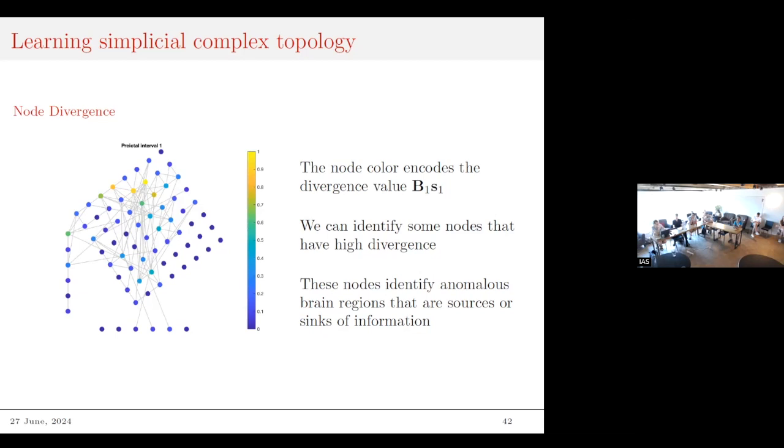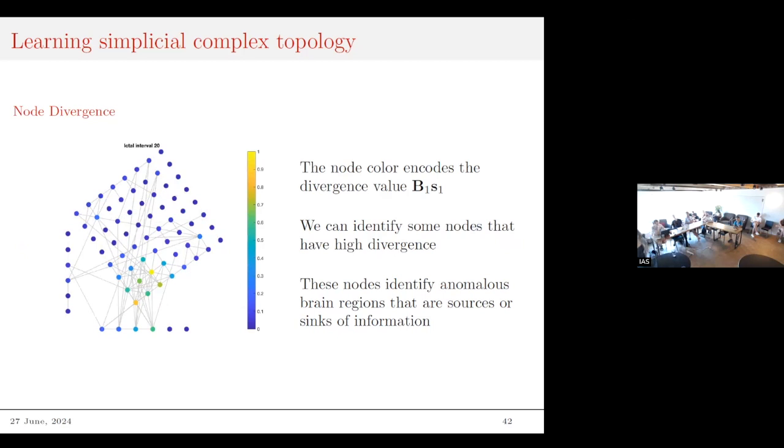And we can see that we have high divergence on some nodes. For example, I run the animation and we can see that there are some nodes in this region here in the pre-ictal phase for which the divergence is very high. It means that information is injected into these nodes.